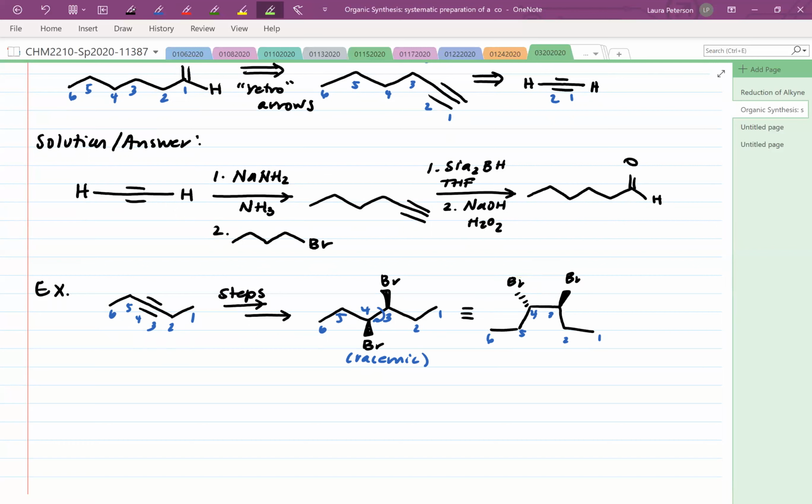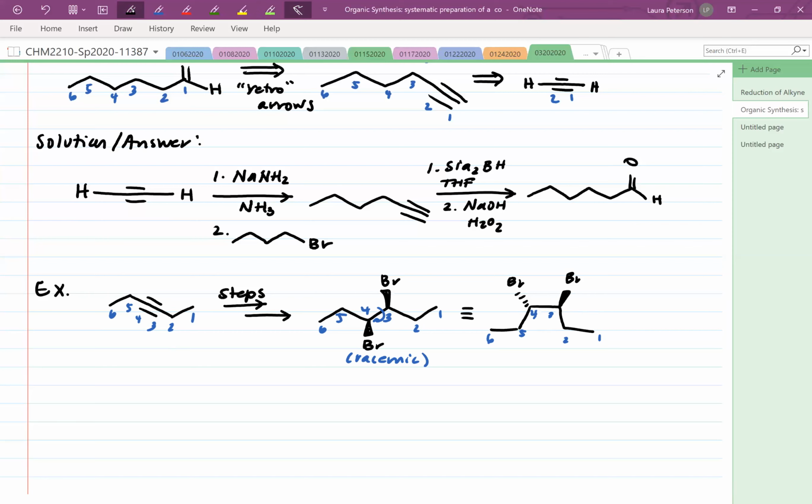Okay, so now I can go ahead and think about, what is the geometry of the alkene that is needed to get that? Okay, and so hopefully you recognize that carbon 2 and carbon 5, they're on the same side of this carbon-carbon bond. All right, so that implies then that it's the Z or the cis alkene I need to go ahead and do this reaction.